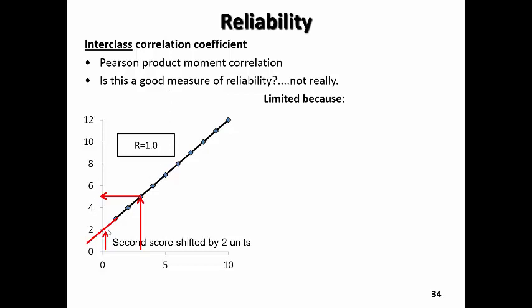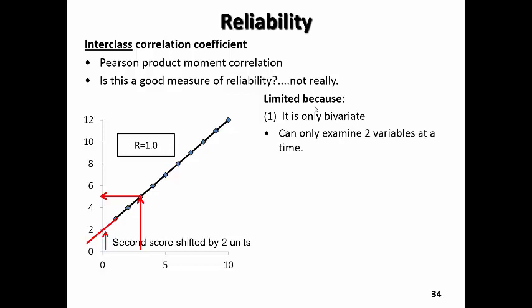The first reason, which is a review of the previous slide, is that in this demonstration we have a correlation coefficient that's perfect at 1.0, but the scores are shifted along the y-axis by 2 units. The PPMC is limited because it's only bivariate.